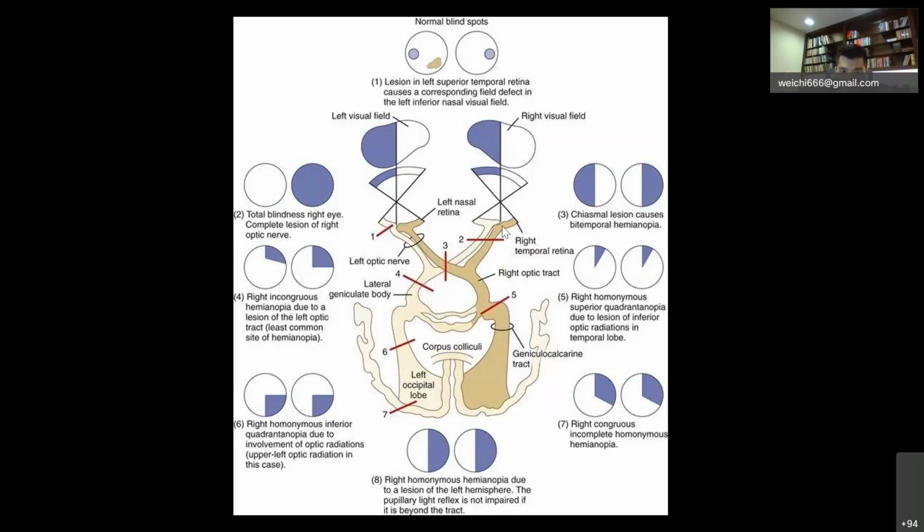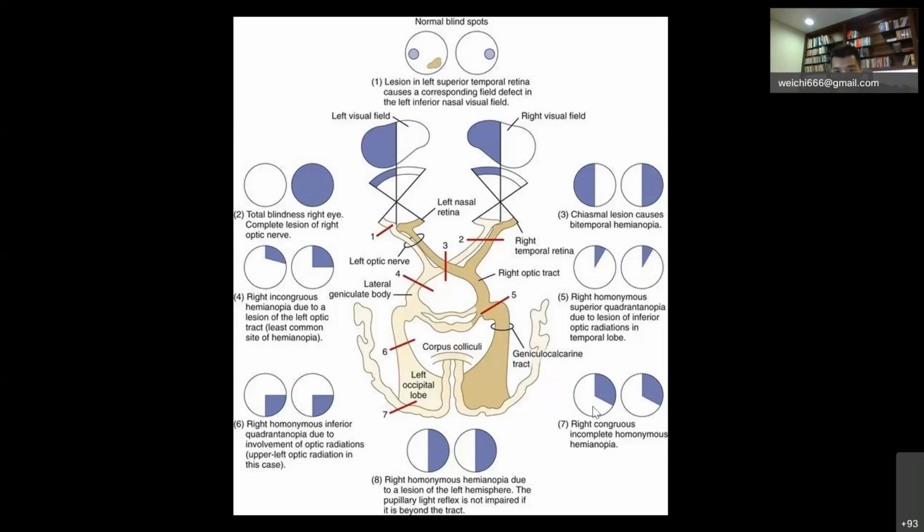So this part of the lesion was blocked, as well as this part of the field, because the crossed fiber was blocked as well. So you see that the same side of the visual field would have a defect. We call this homonymous.